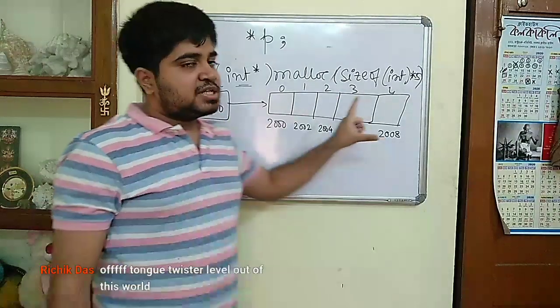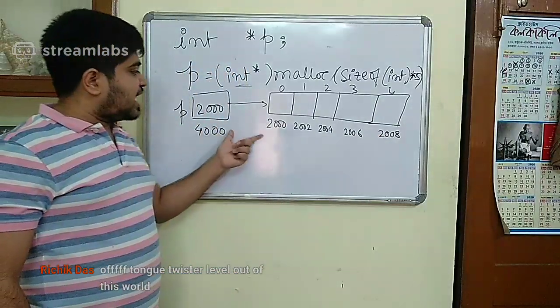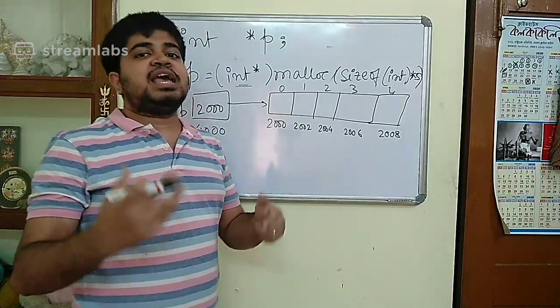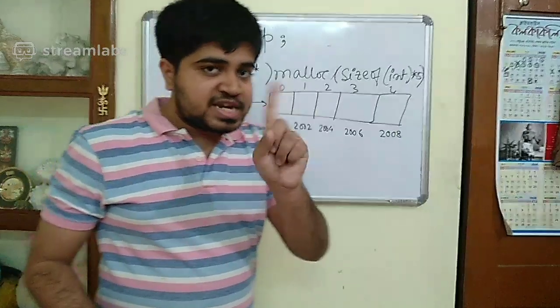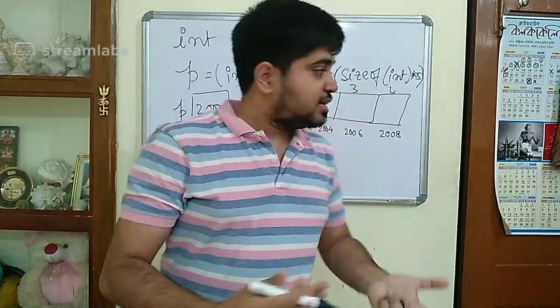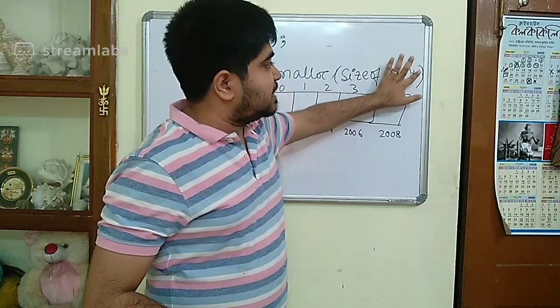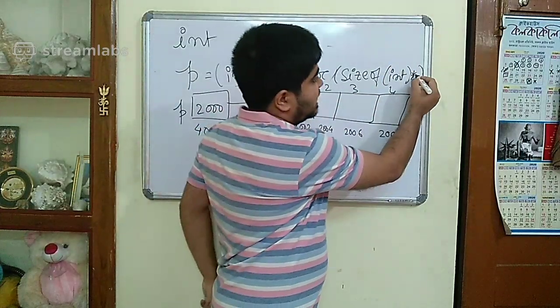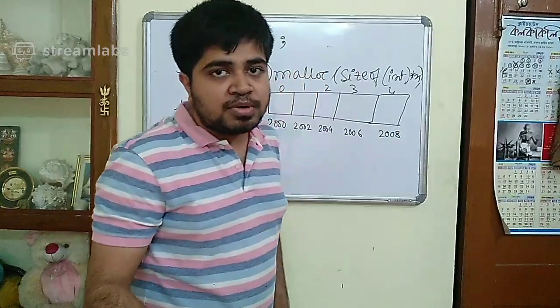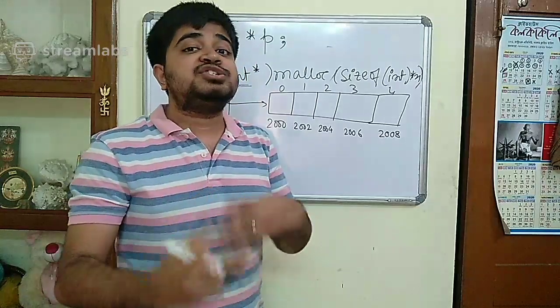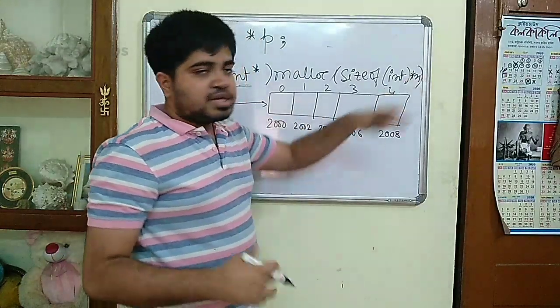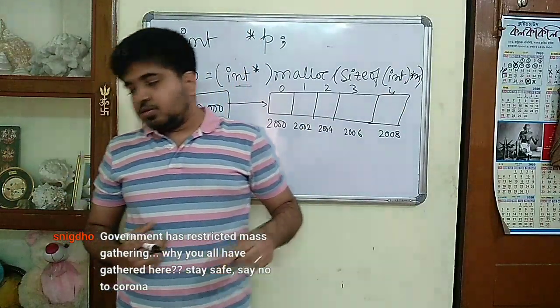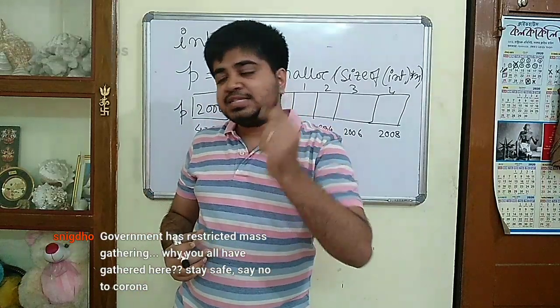This very operation is the same as the array implementation, but not statically, dynamically. Simply replacing this 5 with an n will do the job of allocating n such memory locations. Over here we allocated 5, now we need n such memory locations.